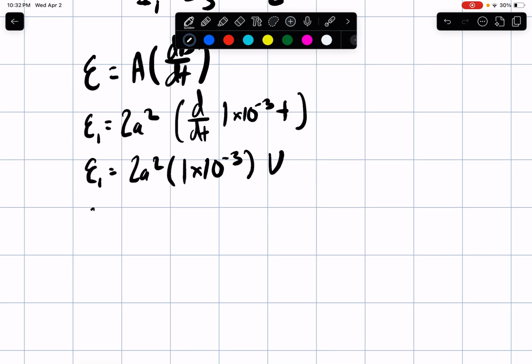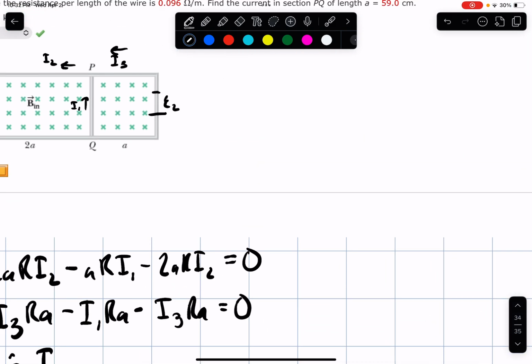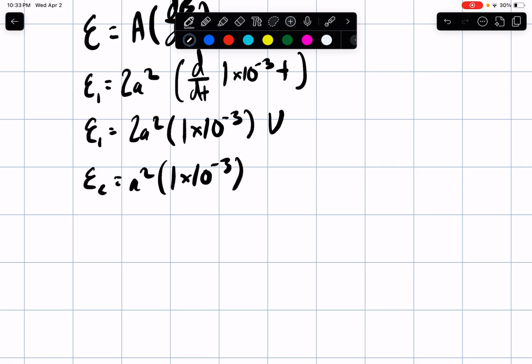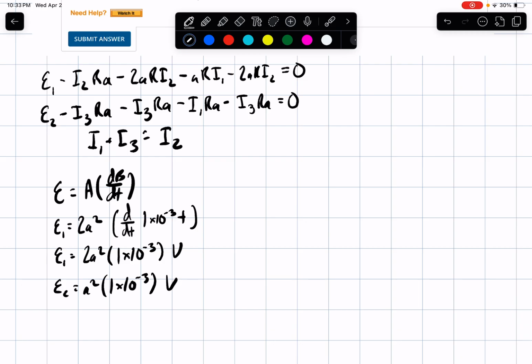Now for your second EMF, it is length A and A, so it's a square. So it would be A squared times dB/dt, the same thing they give you in the problem, 1 times 10 to the negative third volts. So you have your EMFs that you can now plug into the 2 top equations.